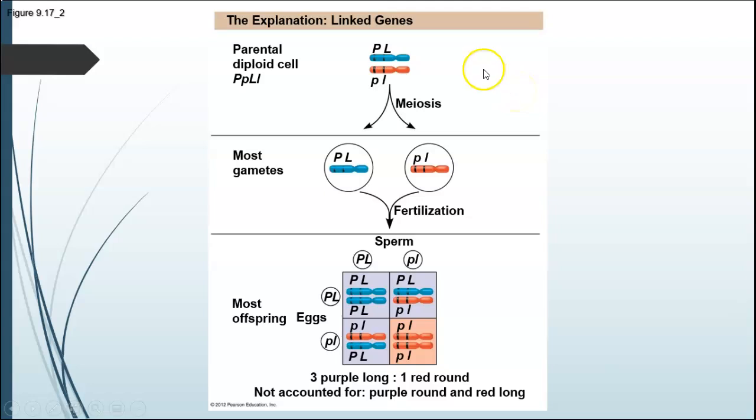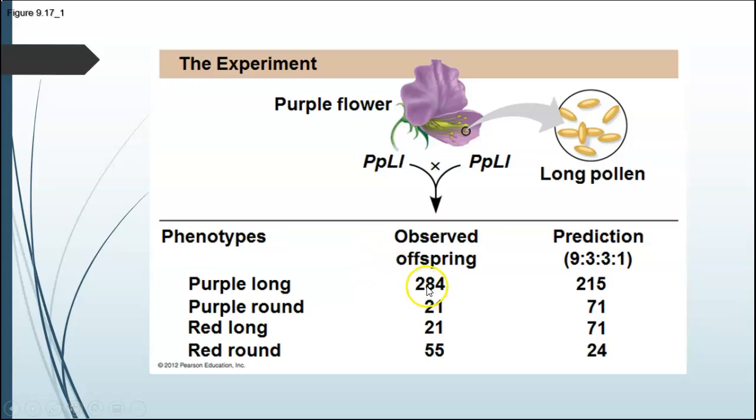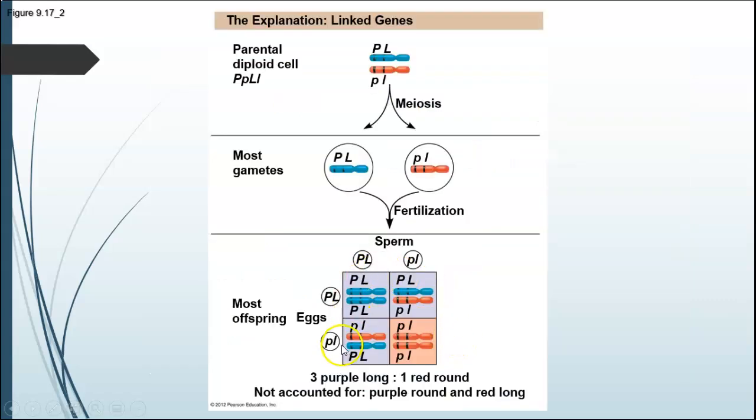So what they discovered, what they explained is that those genes can be linked together on the same chromosome. If they're inherited on the same chromosome, they have a tendency to be inherited together. Now, in that ratio, when you look back at this, okay, then you would expect to have a 3:1 ratio of the purple long with the red round. And that's about what they got, except there were some that were purple round and red long.